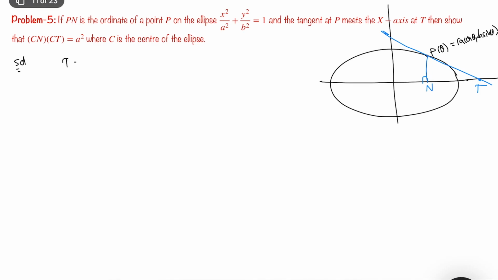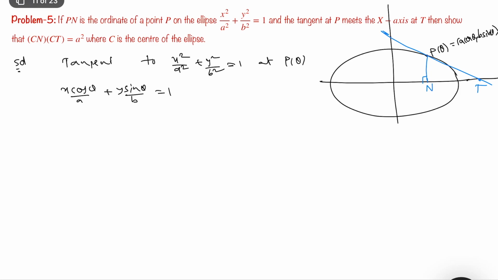So the tangent to x square by a square plus y square by b square equal to 1 at P of theta is x cos theta by a plus y sin theta by b equal to 1.